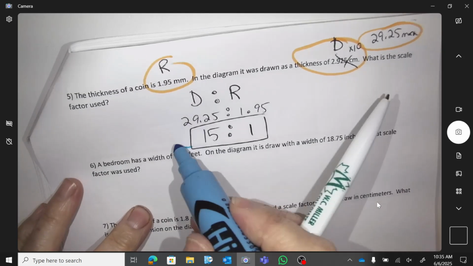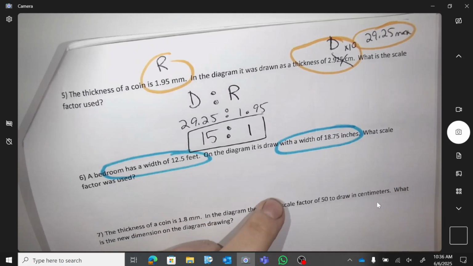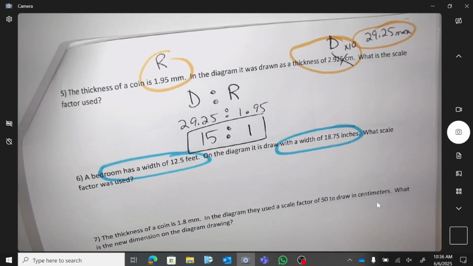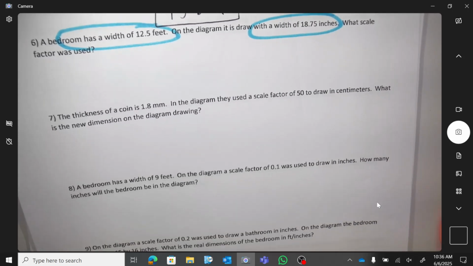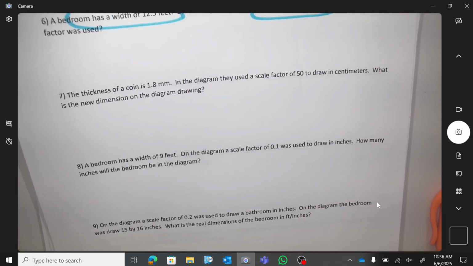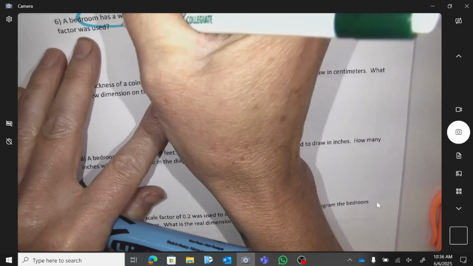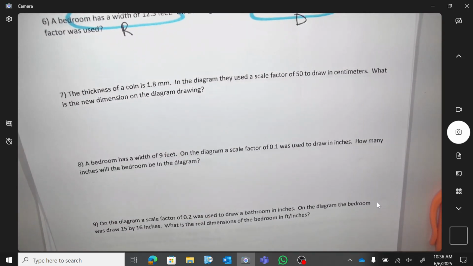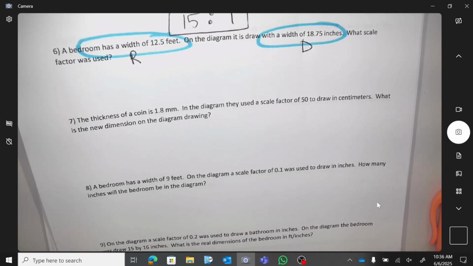So a bedroom is that, and it's drawn with that. So two pieces of information: identify what's the diagram, identify what's the real. Okay, so there's my identification, diagram value, real life value.